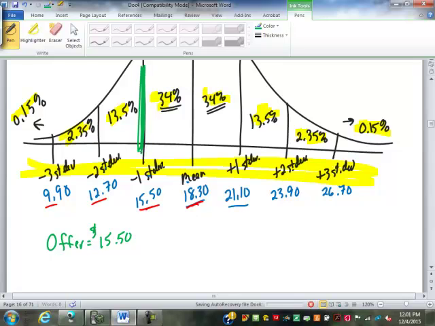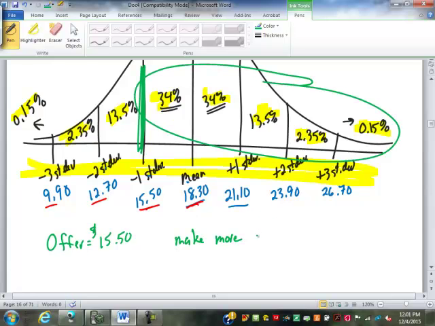You want to know what percent of their employees make more than that. Add up the percents. If I add those all up, it adds up to 84%. So 84% of their employees would be making more than you if you accepted that job at $15.50. Does that make sense?